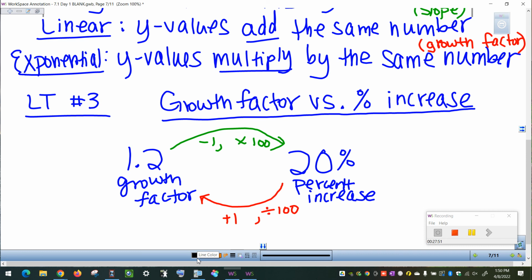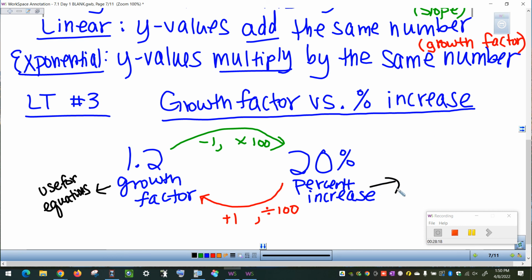And here's why it's valuable to know how to go back and forth between them, is because growth factors are what we use for equations. So notice how the equation that we wrote out for Andy's colt, it had 1.2 in the equation. Like that was the base that was holding up the exponent.